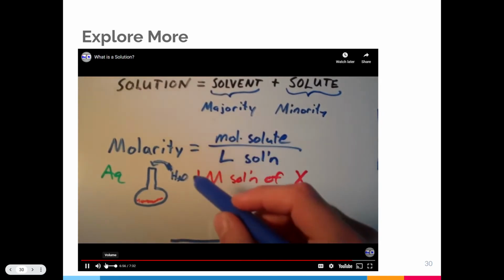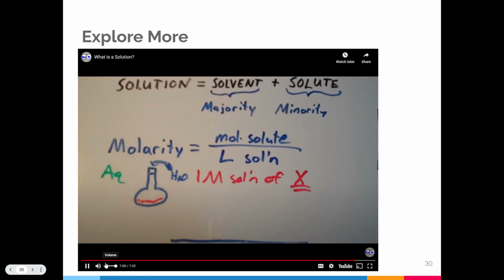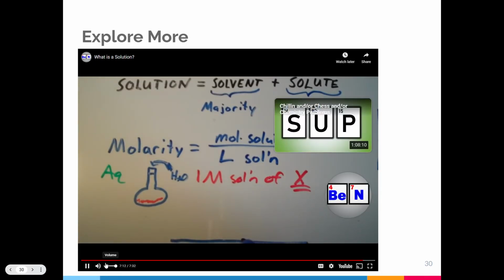And then we add water to it and dilute it until we reach the mark on the flask. So notice that we do not fill it up with H2O to 1 liter and then add the substance. We add the substance first, and then we dilute the whole solution to 1 liter.